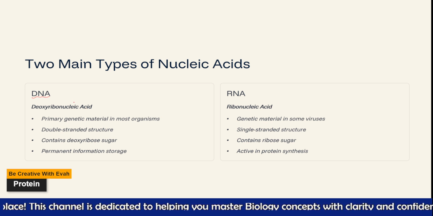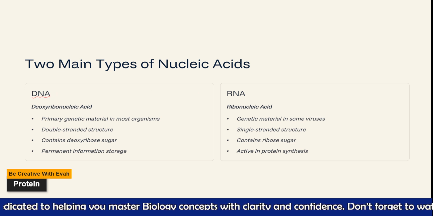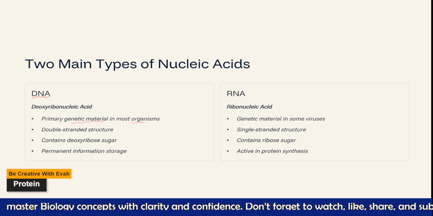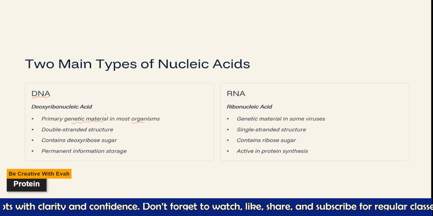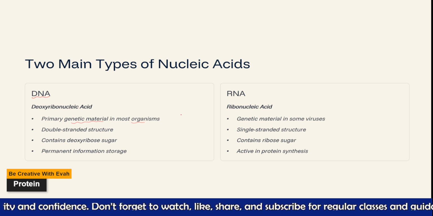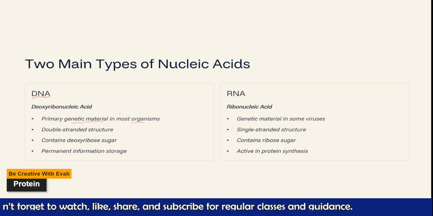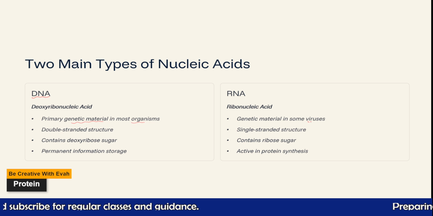Let's compare these two nucleic acids, DNA and RNA. DNA is the primary genetic material in most of the organisms. The genes are present in the DNA, which is transmitted from one generation to another. But RNA is the genetic material of some viruses.